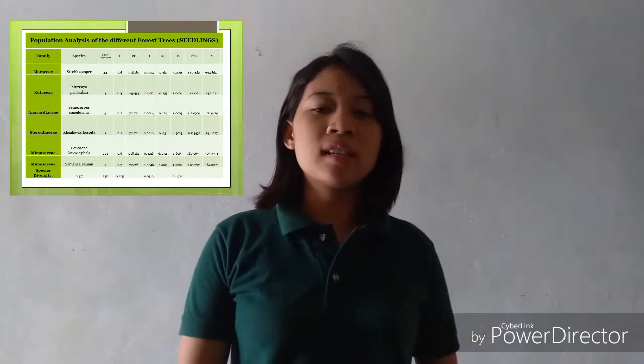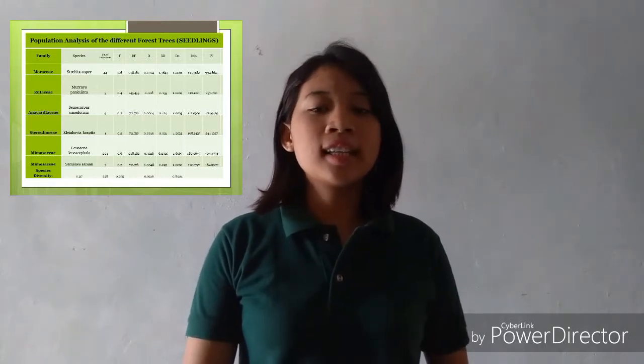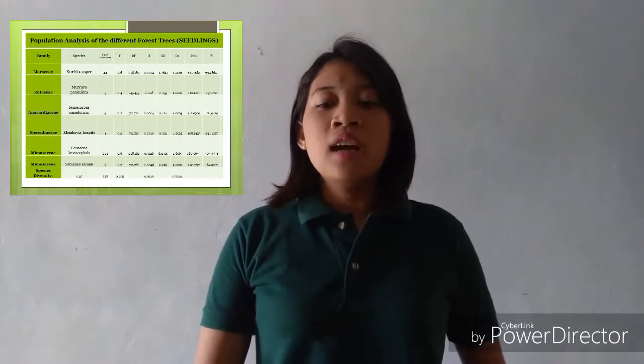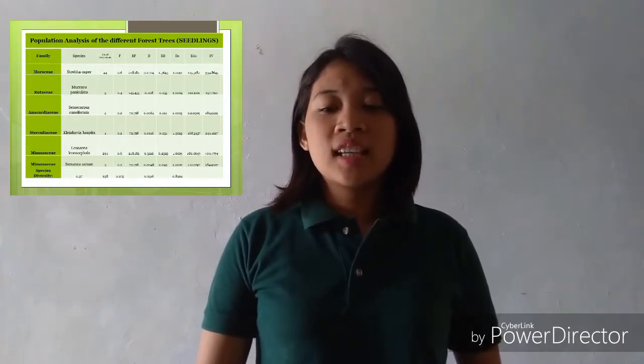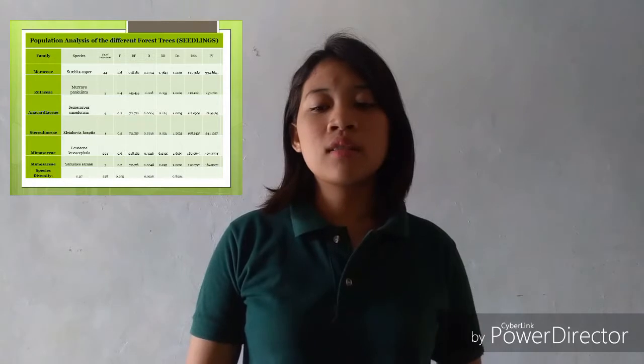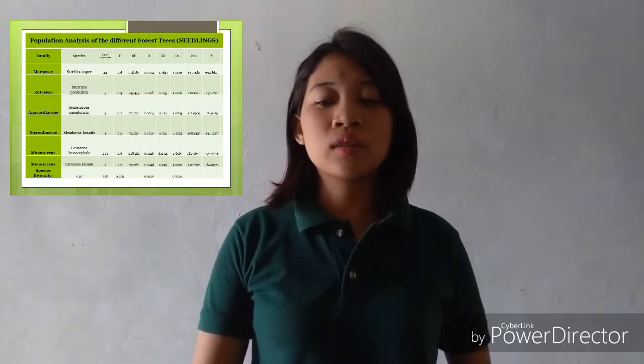In terms of dominance of the forest trees, data show that Leucaena leucocephala is the most dominant among 8 species present in the study area of the northeastern slope of Mount Arayat, having a dominance of 1.6069. The least dominant was Samanea saman, having a computed value of 1.0002.